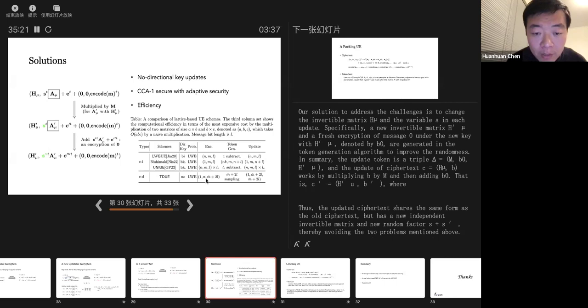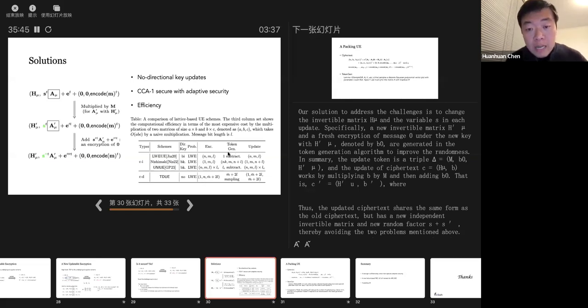As we see from here, our encryption and update algorithms reach the same performance as the NIS paper, which is an improvement of factor n compared to the 2020 paper.